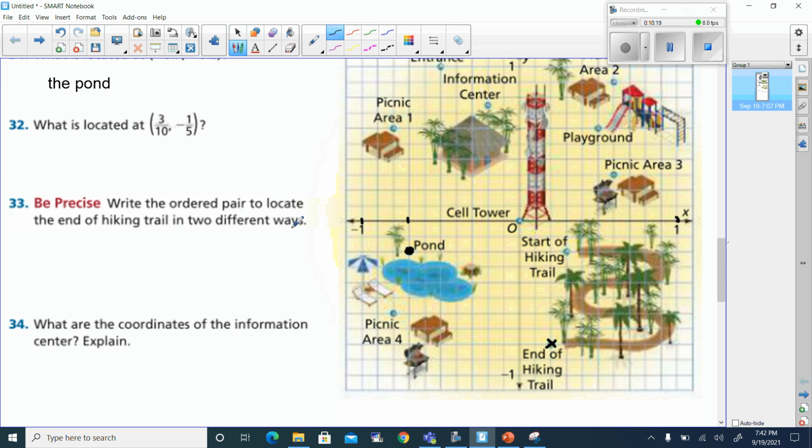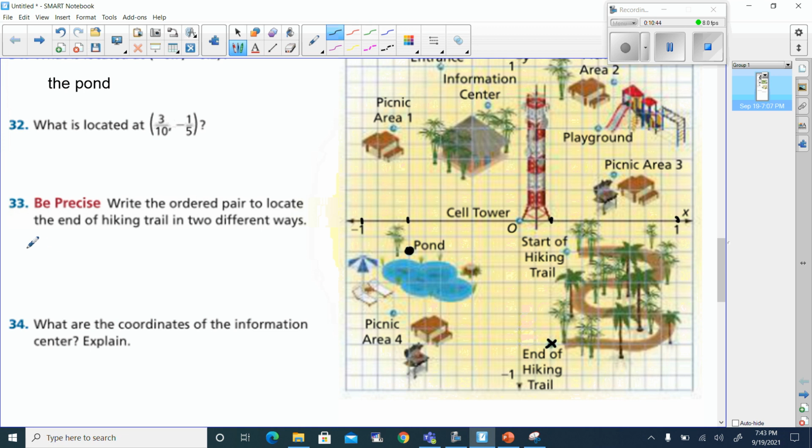Wow. Okay, well, the first way I'm going to have to say is it would be 0.02, right? 0.02, because every one of these is a tenth of one. So 0.02, and then the y would be negative 1, 2, 3, 4, 5, 6, 7, 8.